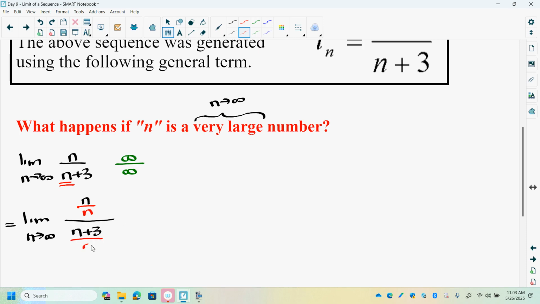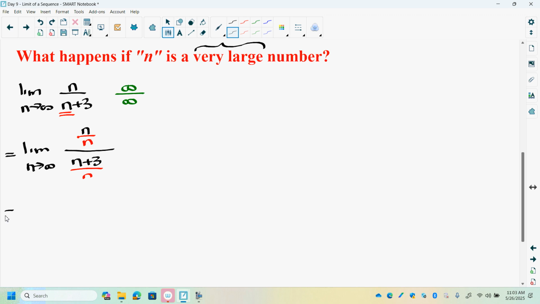And that is going to give me the following. I'll end up with the limit as n approaches infinity of 1 over 1 plus 3 divided by n. n divided by n is 1. n divided by n, 1. 3 divided by n, 3 over n. What happens to this term right here in the denominator? 3 divided by an increasingly larger denominator.